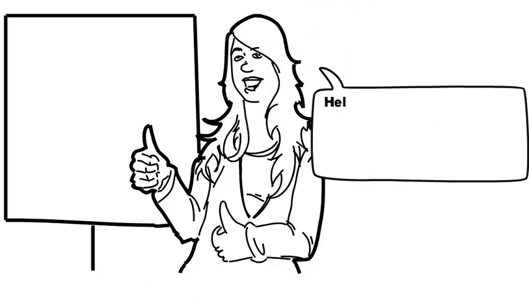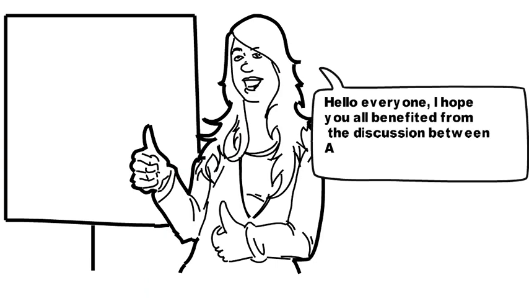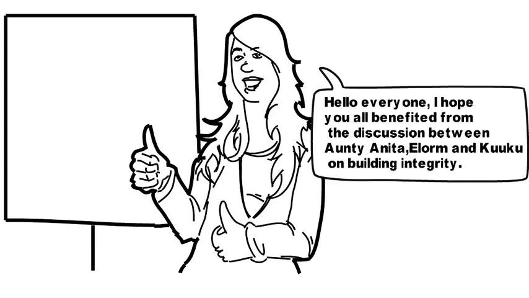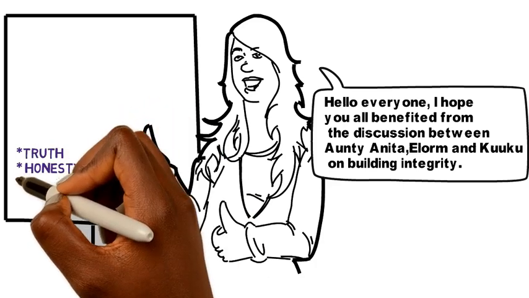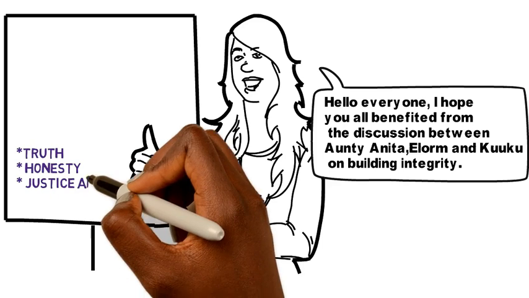Hello everyone. I hope you all benefited from the discussion between Auntie Anita, Elom and Cuckoo on building integrity. Now let's have a recap of what we have learned today. From the discussions, we learned that the elements of integrity are truth, honesty, justice, and selflessness.